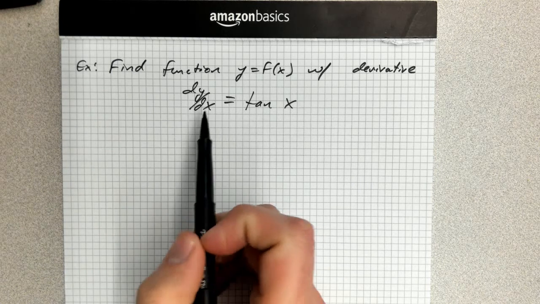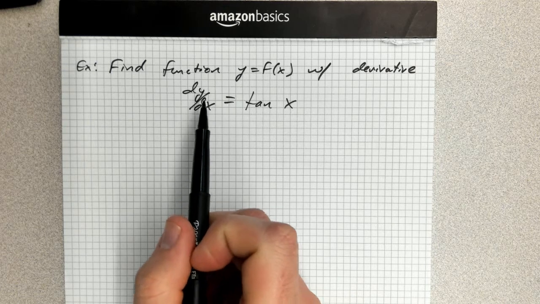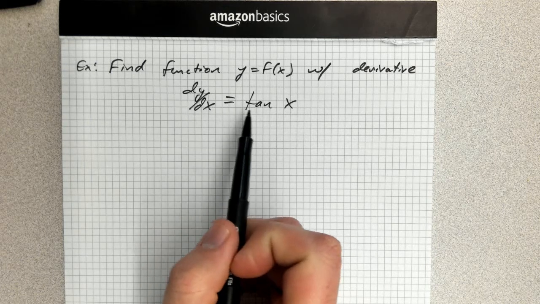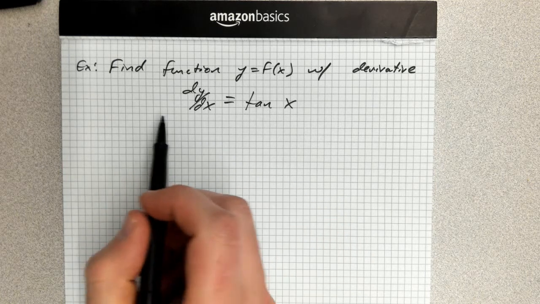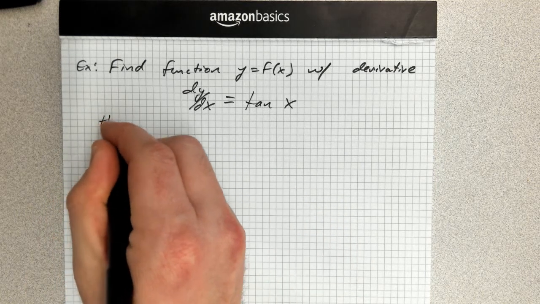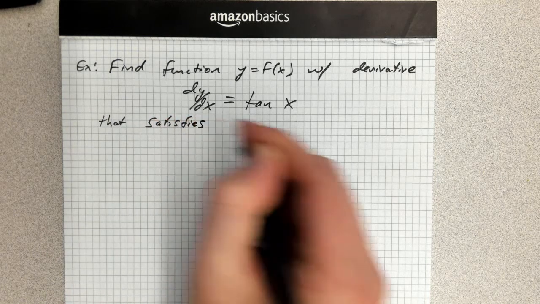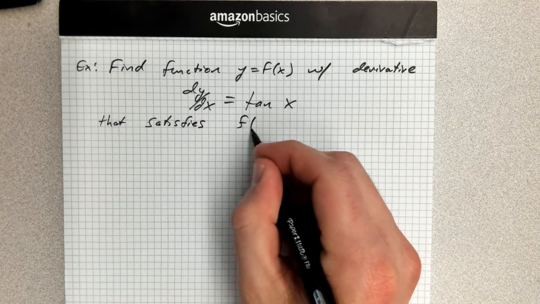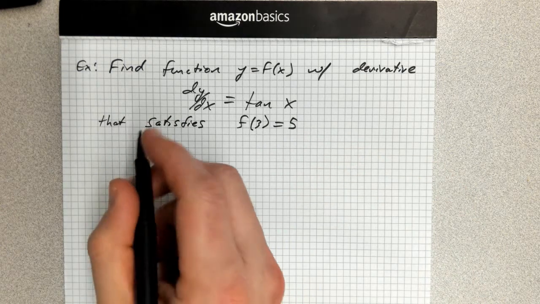So the way that we're going to anti-derive this, in other words, find the function whose derivative is this, is we are going to use an area function. One other bit of information: this has to satisfy f of 3 equals 5. Okay, so let's set up this area function. It's going to be this.